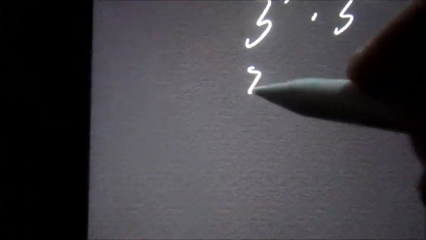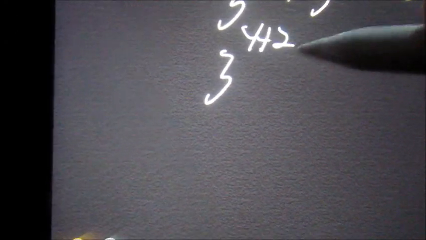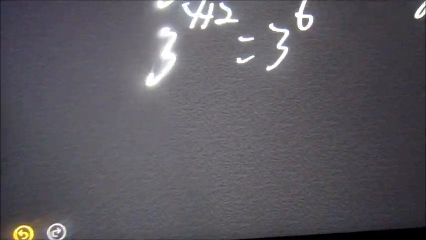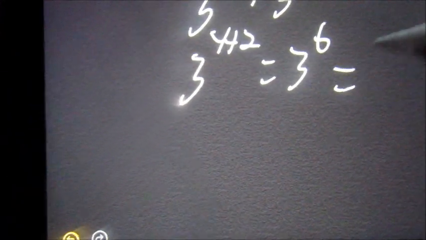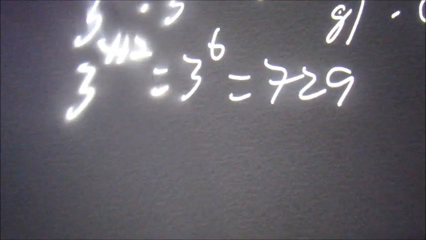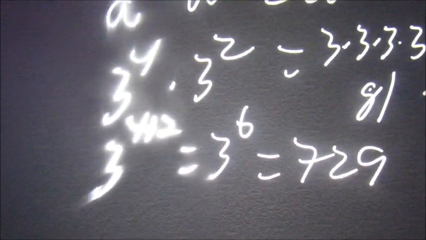Let's say that we're going to add these two numbers, 4 plus 2. So let's go 3 to the 4 plus 2, and that equals 3 to the 6. We already saw here that we had 6 3's that were all multiplied. So this will also equal 729. So you can do that either way.